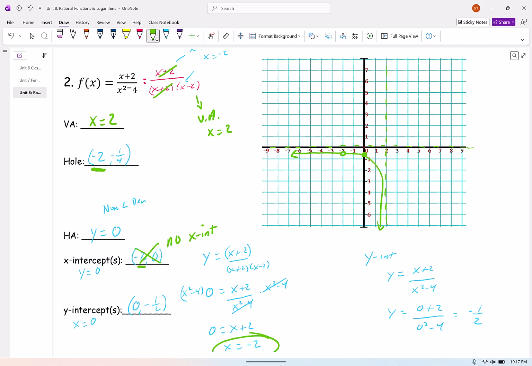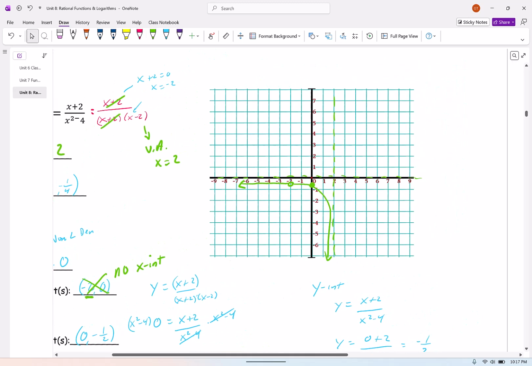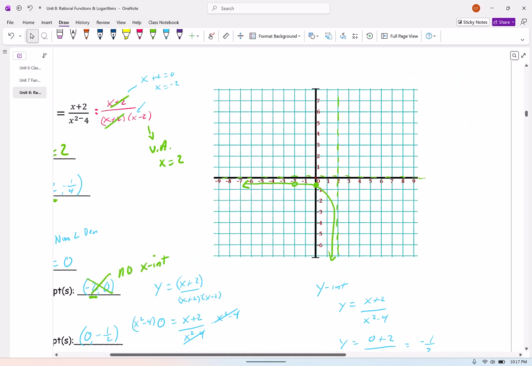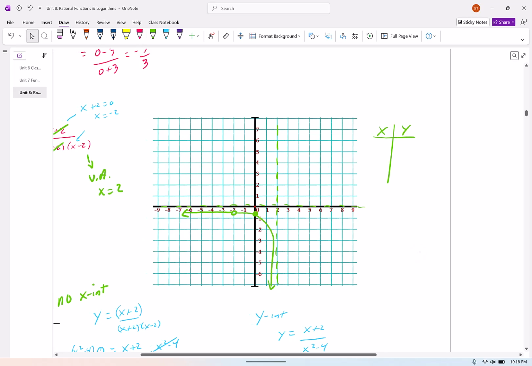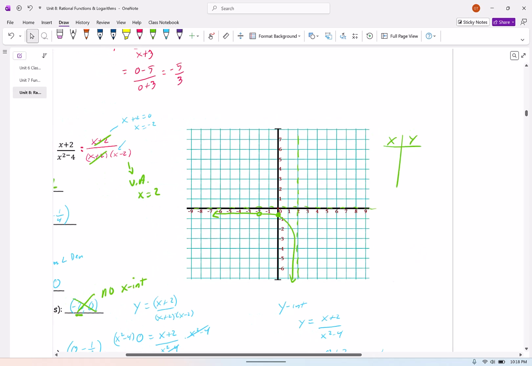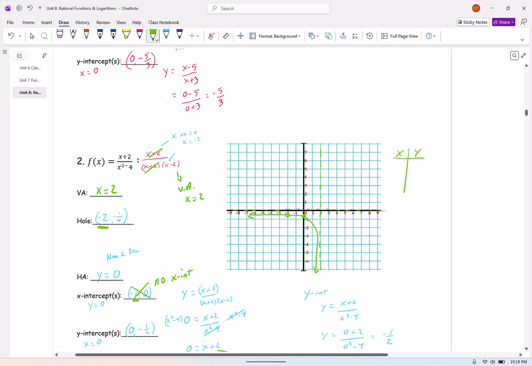Similarly to what we did on the previous one, we got to do a little table over here to find out what the graph will look like on this end. So we can pick a value. If we picked 3, plug in 3 plus 2 is 5. 3 squared is 9 minus 4 is 5. So 5 over 5 is 1.